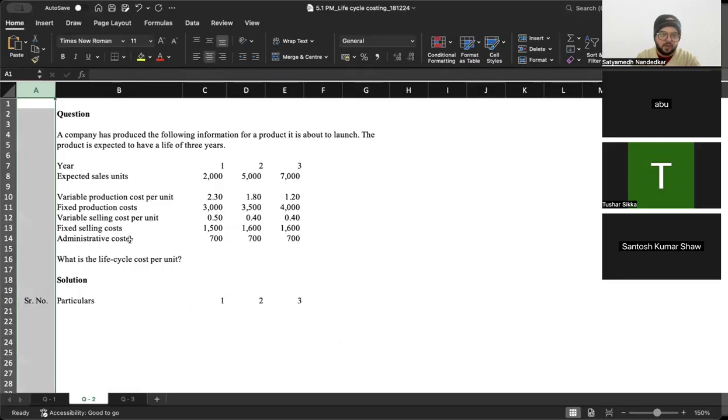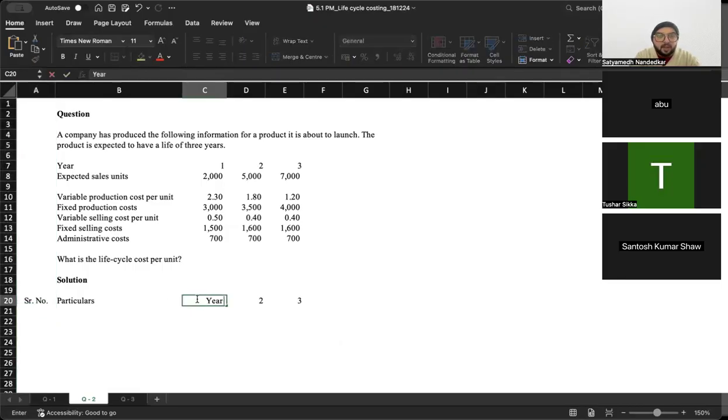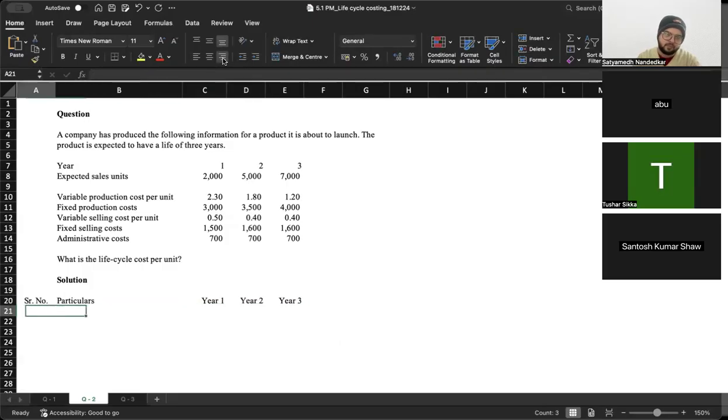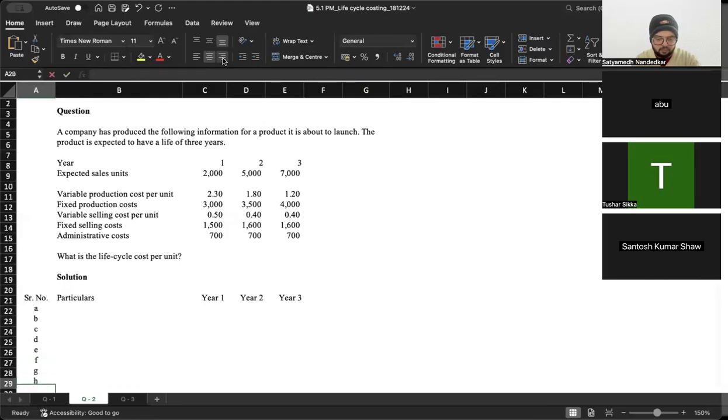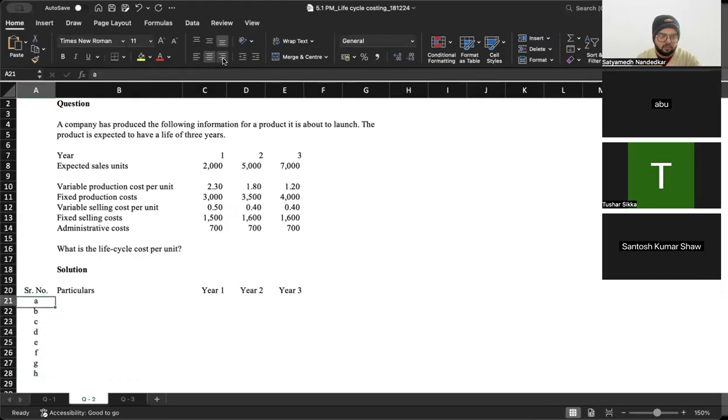Okay, so let this be year 1, year 2, and year 3. Variable production cost per unit is 2.3, 1.8, 1.2.